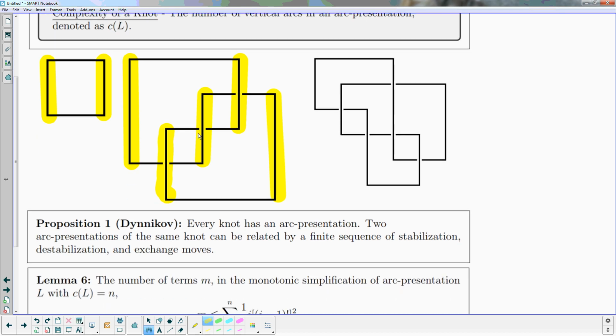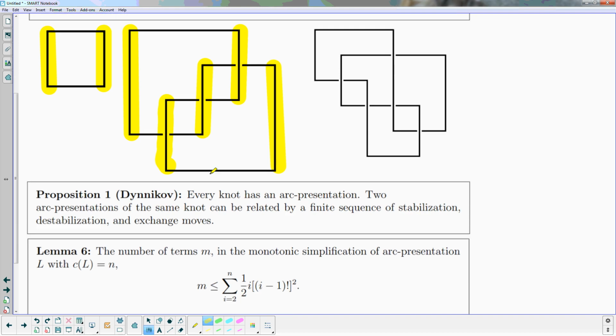A couple of important facts from this. The very first proposition, and these are going to be mixed up as propositions and lemmas and theorems, is that every knot has an arc presentation. That's a pretty big thing, that you can take any knot and put it into this form.